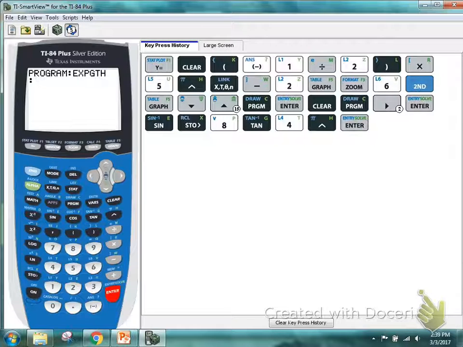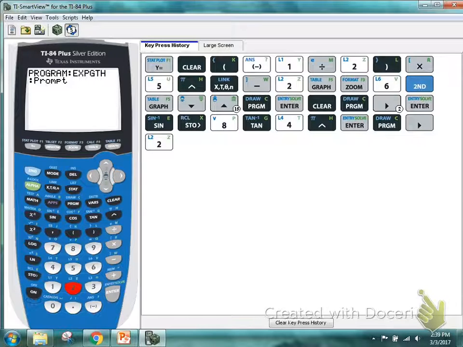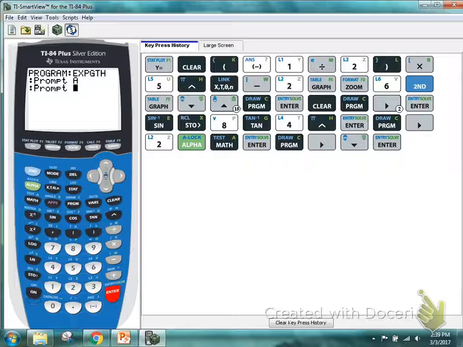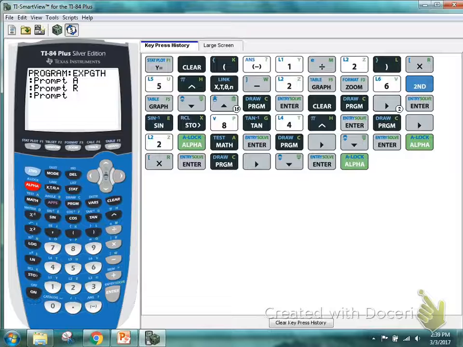So to get your prompt command, you hit program, go to the right, it's number 2. So we're going to prompt an A. Everybody good? Prompt A, hit enter. We're going to prompt an R, hit enter. And we're going to prompt a T, hit enter, and I like to be cute and leave an extra space.